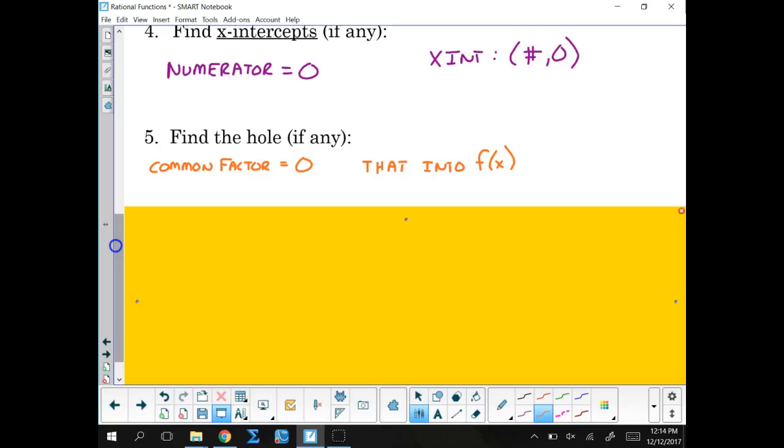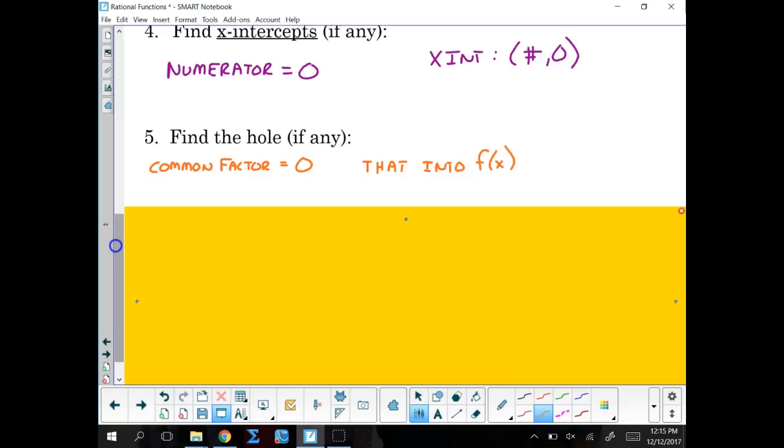So that's going to be a point, right? We set the common factor from step 1.5, if there was one, equal to 0. Solve that, and then put that into our function, and that's going to give us the hole, otherwise known as a removable discontinuity. Next.